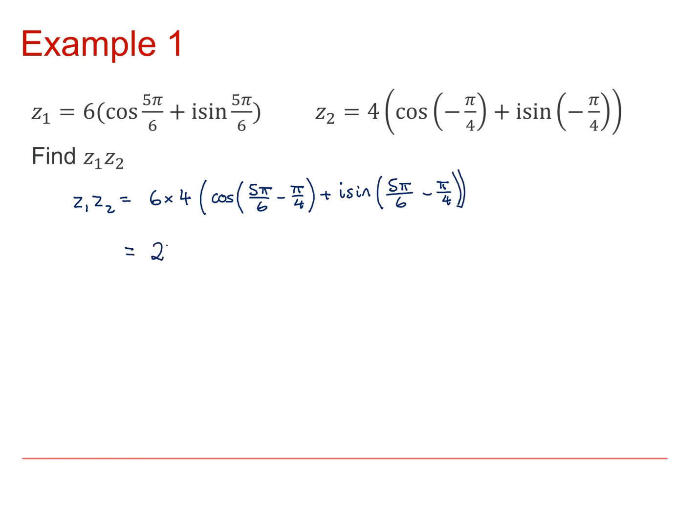Simplifying that, we get 24 cos 7 pi over 12 plus i sine 7 pi over 12.